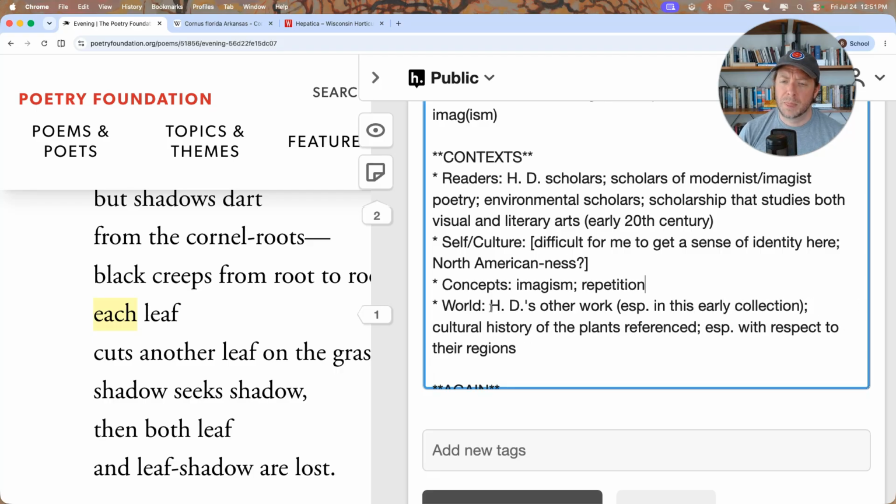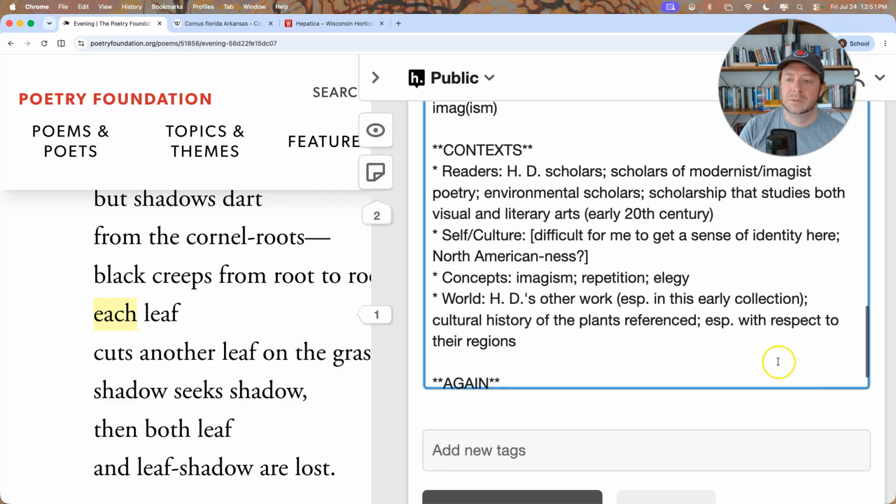Okay. I think that's probably it. Imagism, repetition. I do think elegy is an important term here too. Thinking about whether a poem can be an elegy if it doesn't state explicitly what's been lost. My sense is it can't really, and yet I don't know.